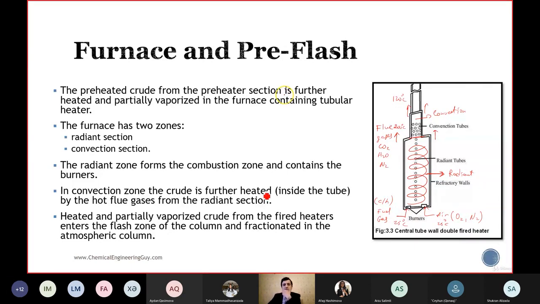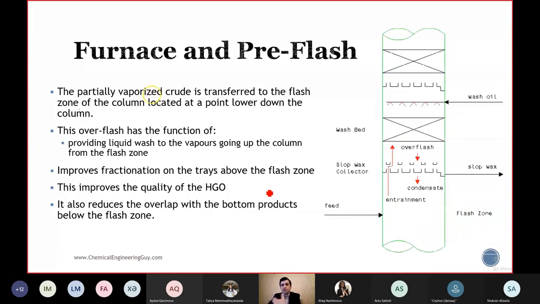Now this is the part of the pre-flash column where you have feed, you have the flash zone, and the wash oil slop marks, which are the different products. In our case, we will have kerosene, naphtha, etc. This over-flash has the function of providing liquid wash to the vapors going up the column from the flash zone.